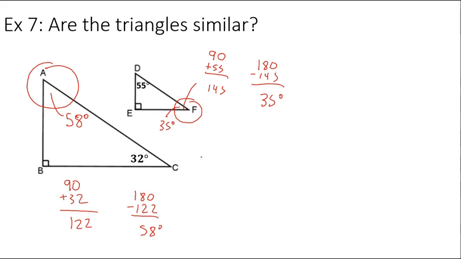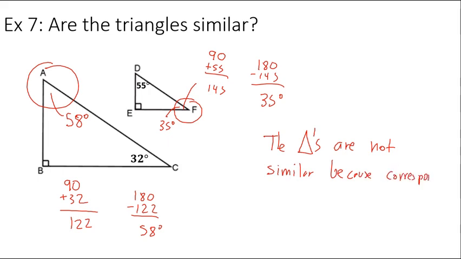So the angles are not congruent. So I'm going to say the triangles are not similar because corresponding angles are not congruent.